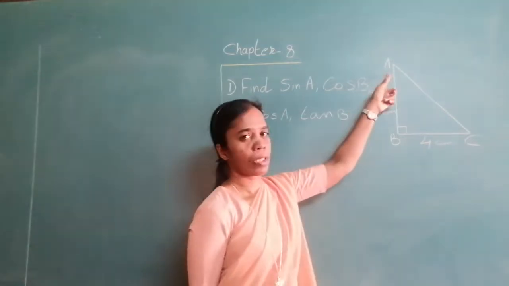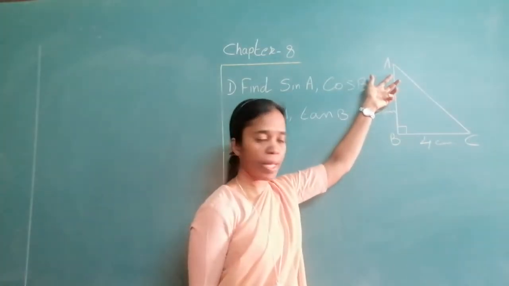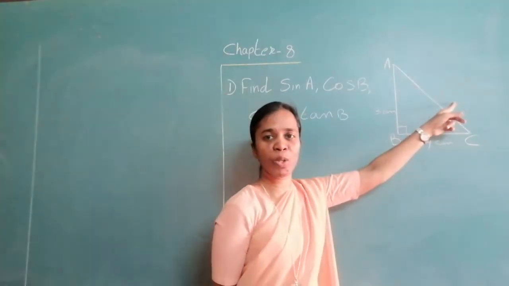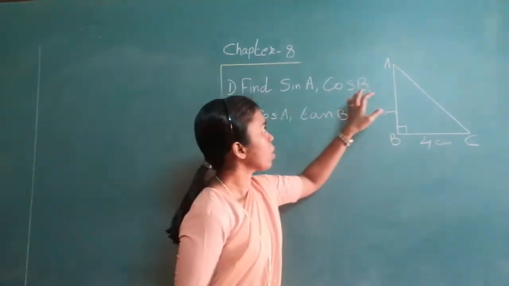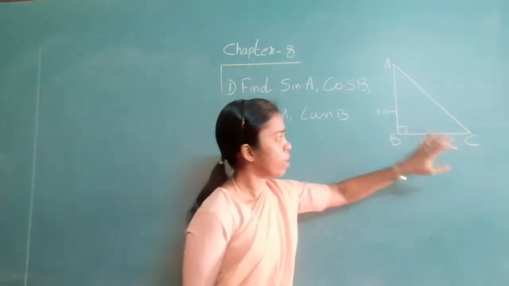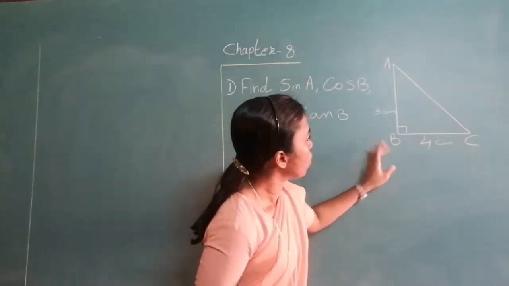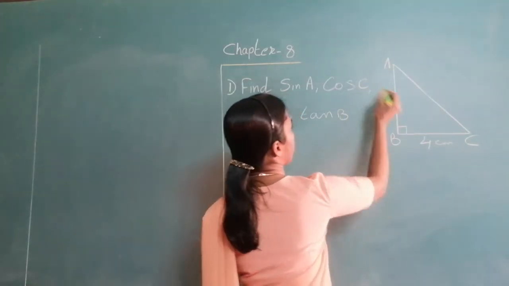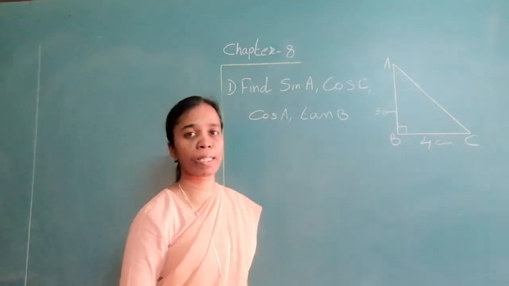Look at A. Sine is opposite upon hypotenuse. But hypotenuse is not given to us. Cos B? Where is B? Okay, it will not be cos B. It is cos C. How to find cos C?